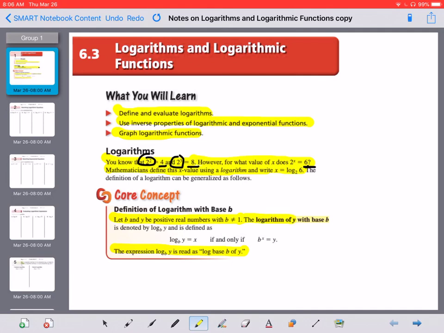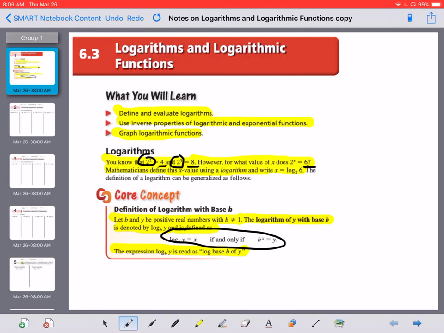The logarithm of y with base b, denoted by log base b of y, is defined as, and you guys are going to see this a lot: log base b of y equals x if and only if b to the x equals y.